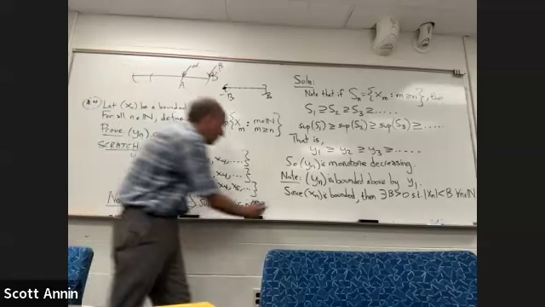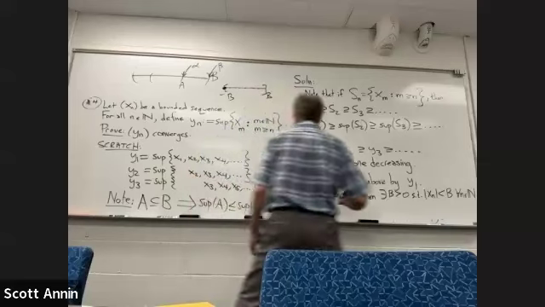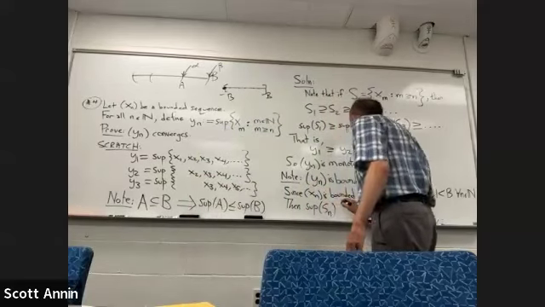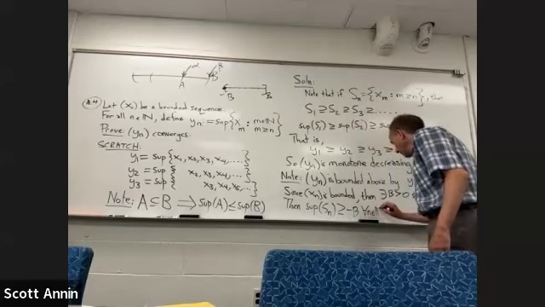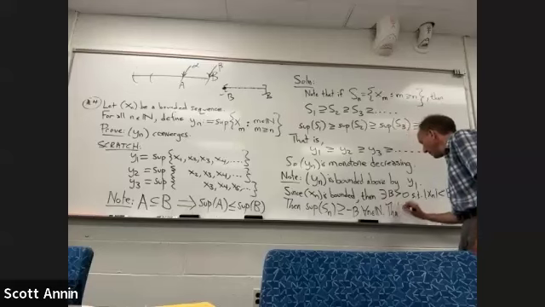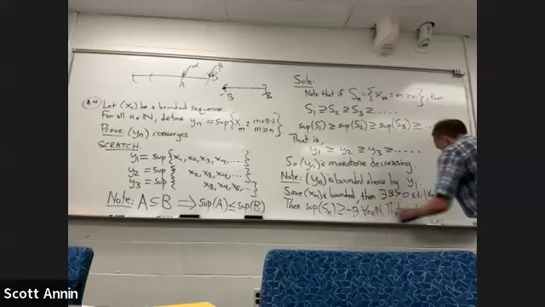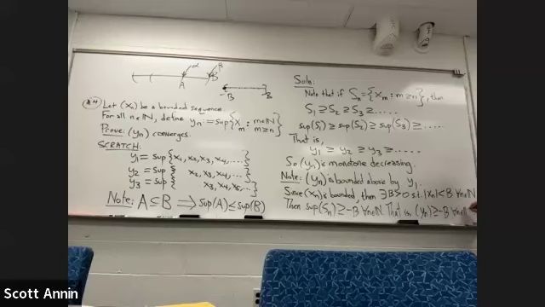But the point is that the supremum of Sn is greater than or equal to negative B for all n. That is, y sub n is greater than or equal to negative B for all n.